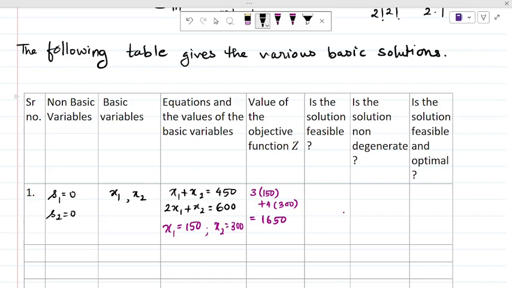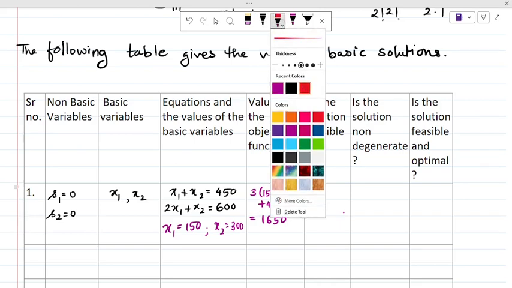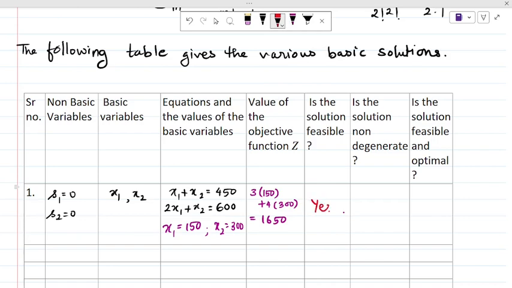Yes, because the feasible solution should satisfy the constraints and the non-negativity condition. So we write here yes.